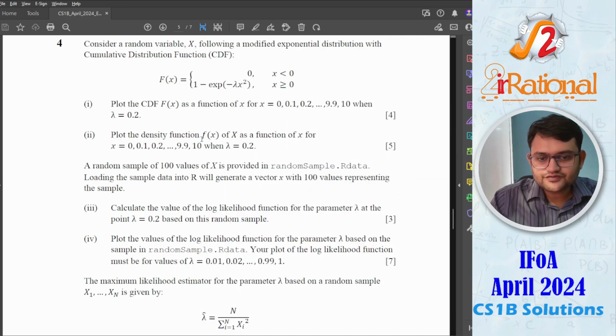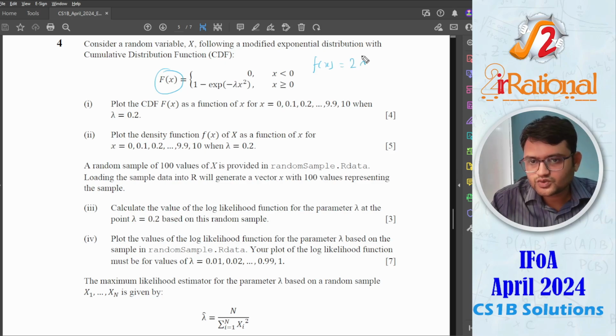Second part, plot the density function f of x as a function of x for the same values of x, where lambda is 0.2. To find f of x, all you have to do is differentiate this capital F of x. After differentiating, we get 2 lambda x e raised to minus lambda x squared, so we are going to use that function directly. Or what you can do is, for each of those values, take f of x plus 0.1 minus f of x, divided by 0.1.